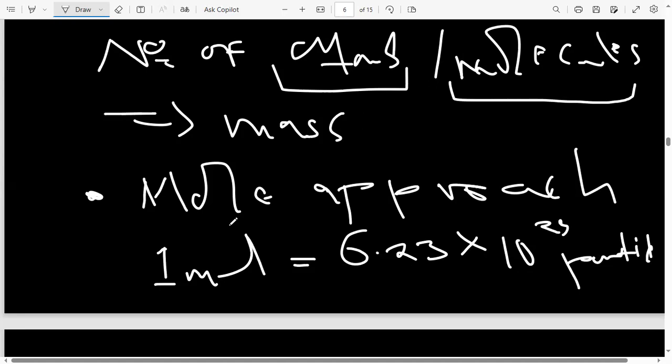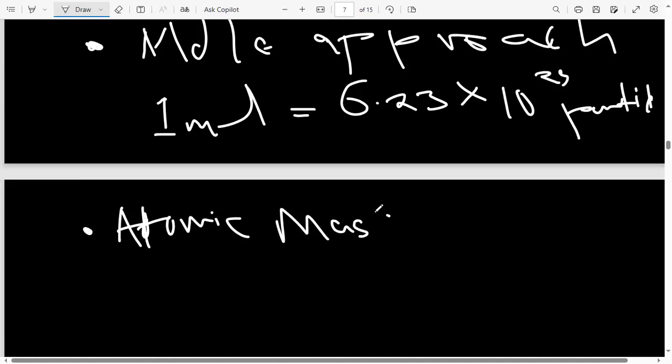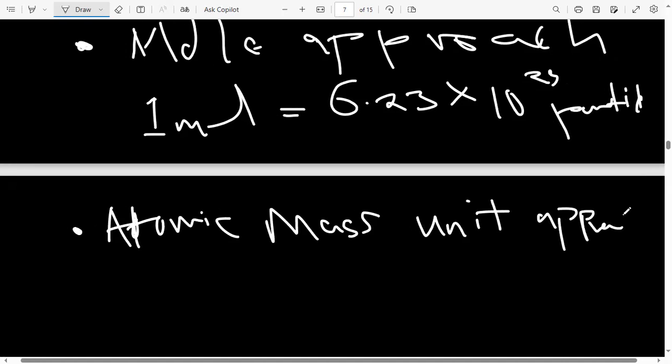So you can use this formula here to convert atoms and molecules to mass, or mass to atoms and molecules, or you can use the simple method, which is known as the atomic mass unit approach. Okay, so how does this work?